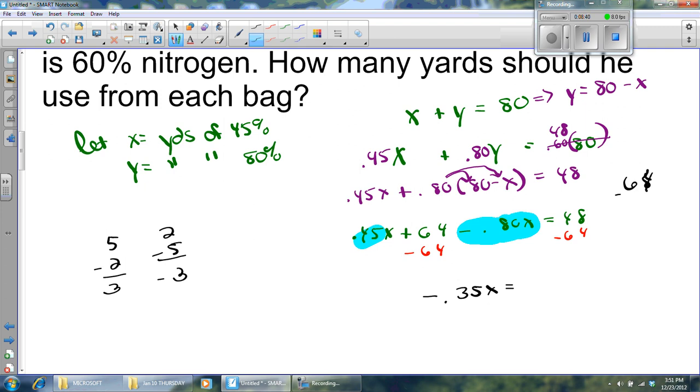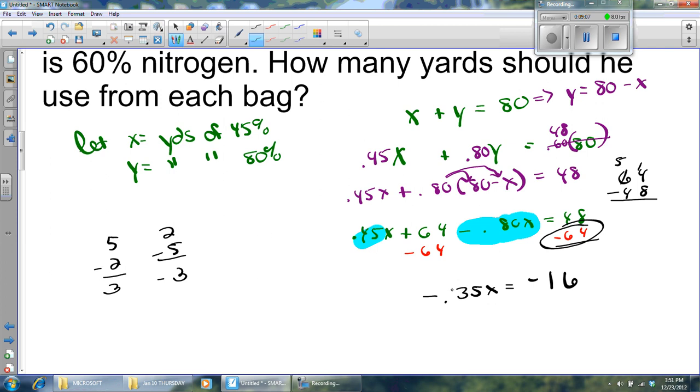I'm going to do 64. Sorry, let me start over. I'm going to do 64 minus 48, but I'm just going to make my answer negative. So I'm going to have a 5, a 14. Looks like it's going to end in a 6, 16, but my answer needs to be negative because the absolute value of the negative number was larger.